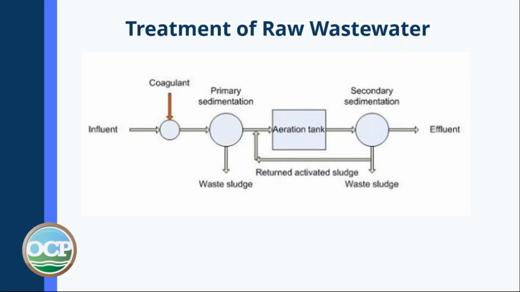Then your effluent from your primary sedimentation tank is mixed with return activated sludge, goes to the aeration tank for BOD removal, then on to secondary sedimentation, and then your clear water goes to the next step, which is usually chlorination.